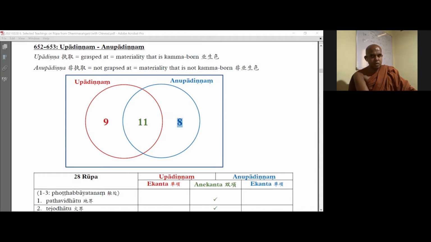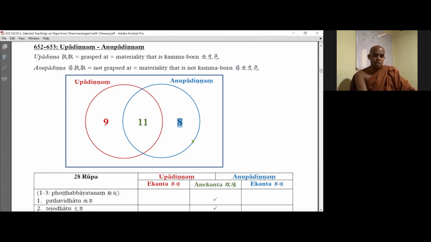Same way, now the 9, 11, 8. 9 plus 11 plus 8 total become 28. Now you see, those are the 28 rupa. We can make two groups, Upadinna Kamma born rupa, Anupadinna not Kamma born rupa. Then there are 9, definitely only Kamma born rupa. There are 8, definitely not Kamma born rupa. There are 11, including both sides.